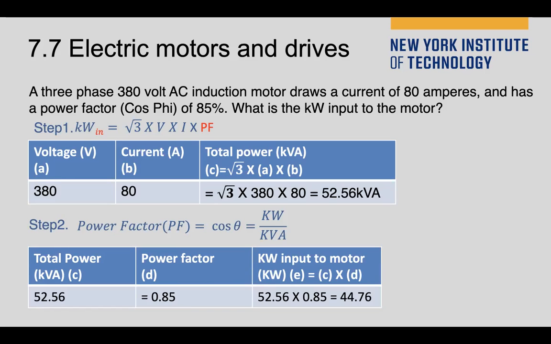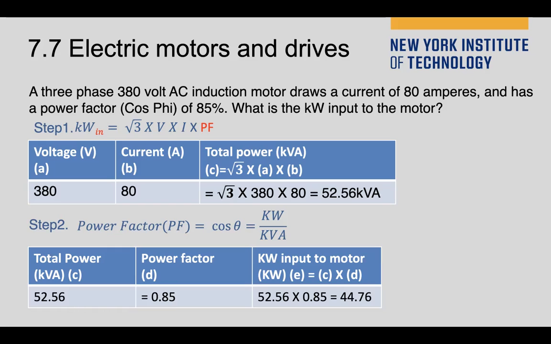So what is the kilowatt, the power input to the motor? By the definition of the power in three phase, that is √3 times voltage times current, and also times the power factor, we can obtain the kilowatt, the power input.